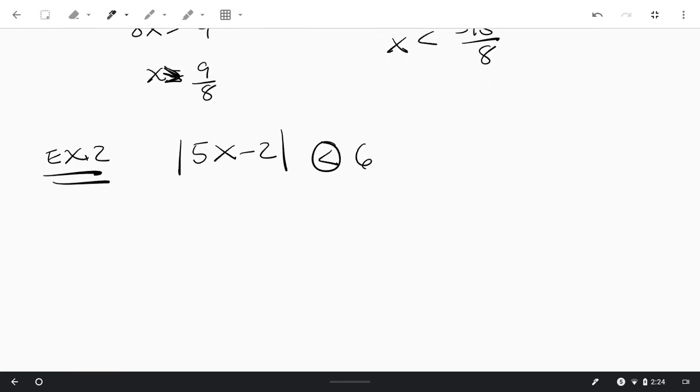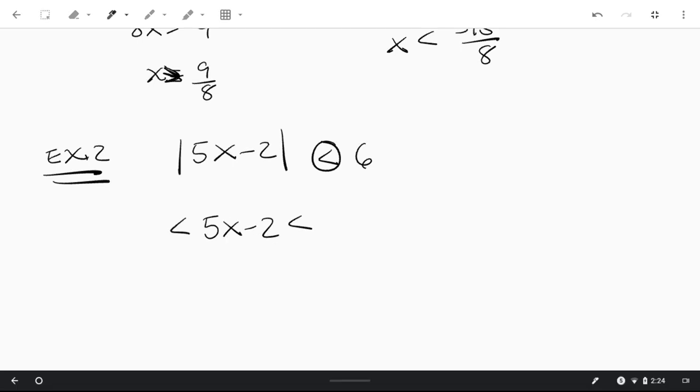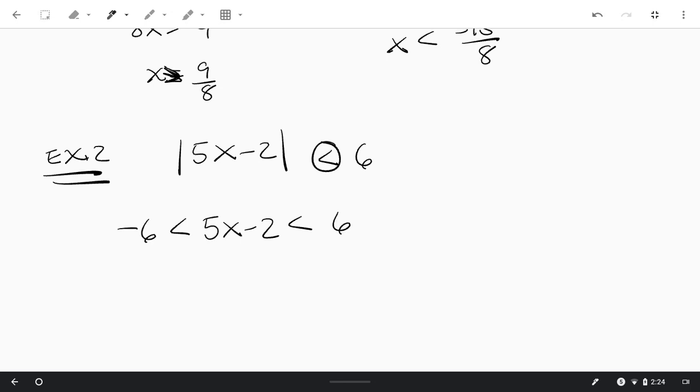So we said it's going to be the in-between problem, and we know it's going to be in between negative 6 and positive 6. Okay, and then all you do is solve this inequality. So add 2 to all 3 parts, right? So we're going to add 2 here, but we also have to add 2 over here and over here.